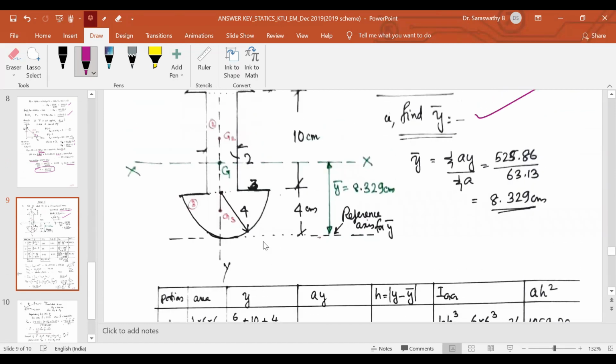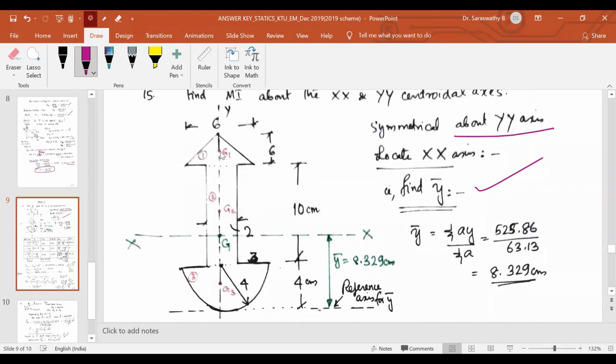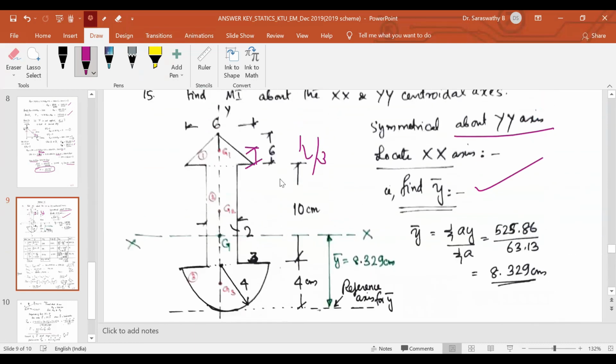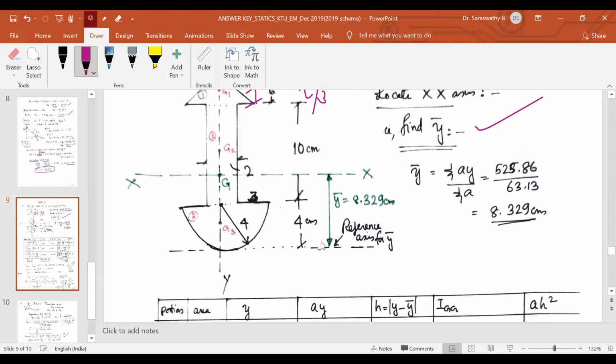Take the bottommost line as reference, and its center of gravity G1, I have marked it. The center of gravity of a triangle is acting at 1/3 h from the base, so it is 6 by 3 from here. So from the bottommost reference line, it is 6 by 3 plus 10 plus 4.